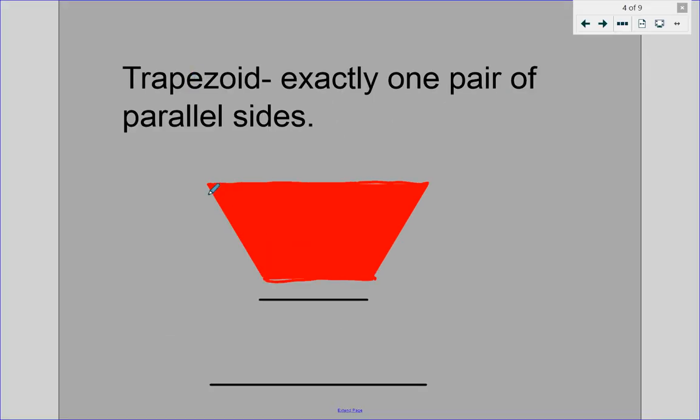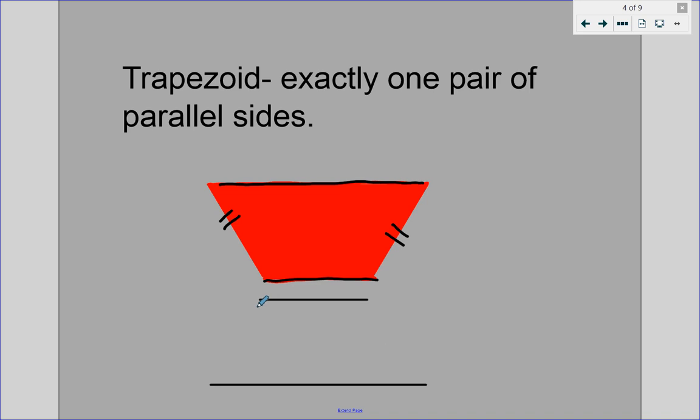These ones are not parallel. If they go down, they're eventually going to cross each other. But the top one and the bottom one, those are parallel. They're going to keep going on and on and on. So it has one set of parallel lines and one not set. That's a trapezoid.